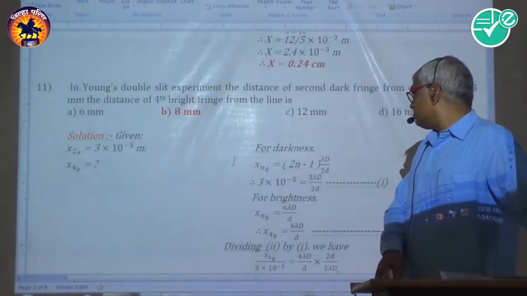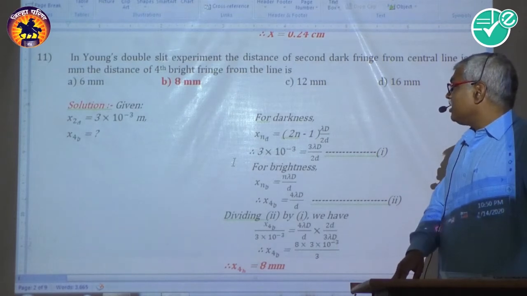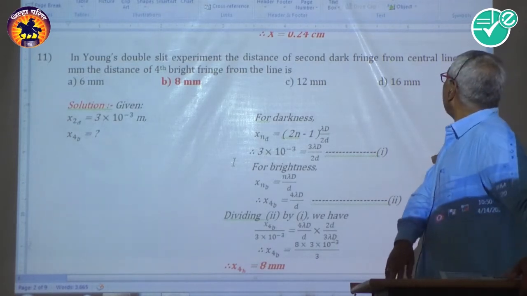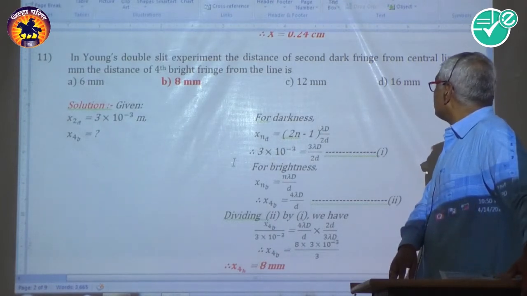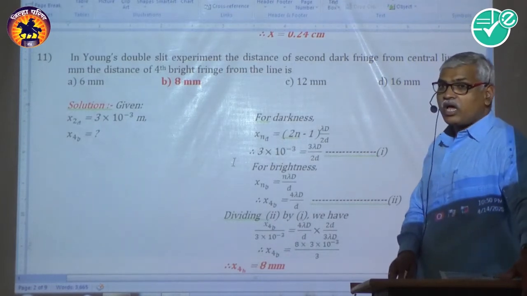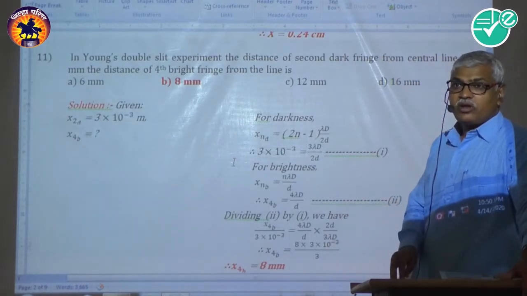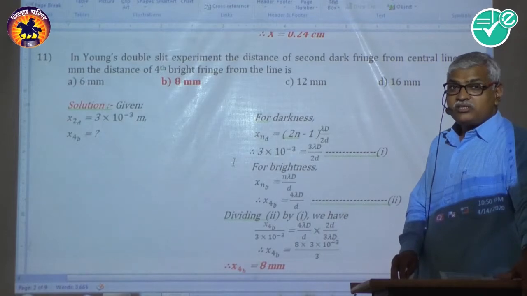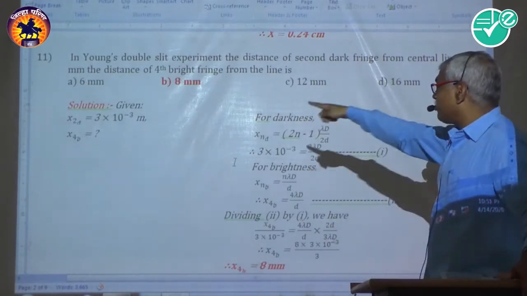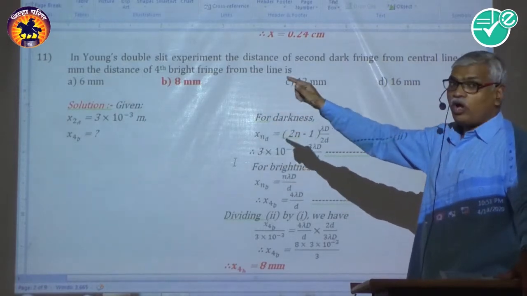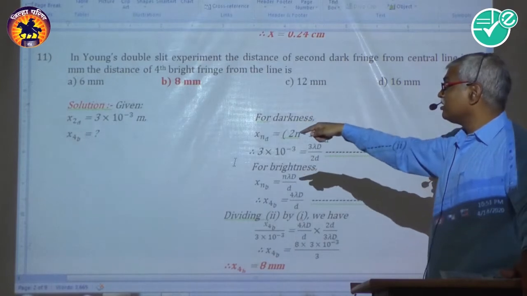Question number 11. In Young's double slit experiment, the distance of second dark fringe, distance means small x, dark fringe n2, x n2 is equal to 3 into 10 to the power minus 3, that is, distance of second dark fringe is equal to 3 into 10 to the power minus 3 millimeters.